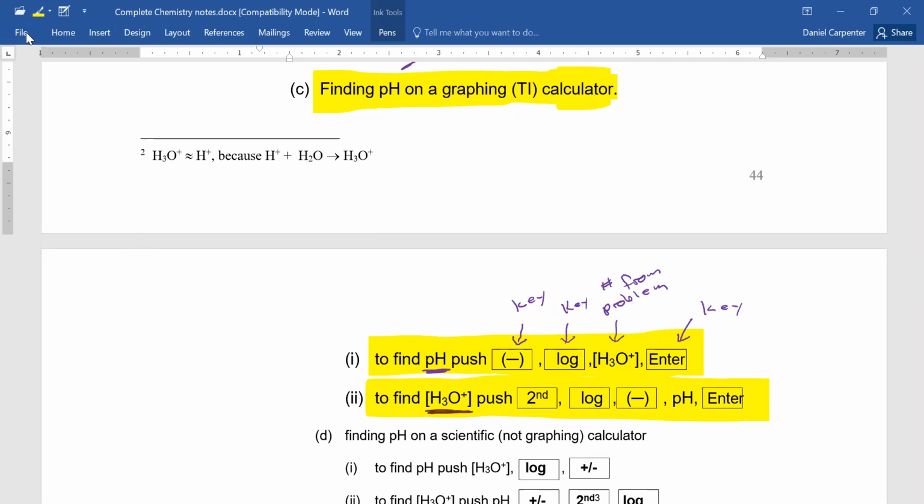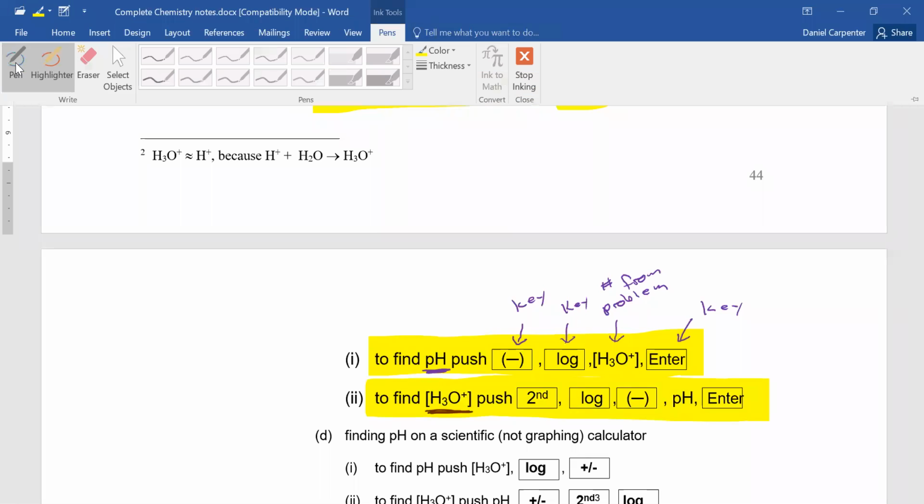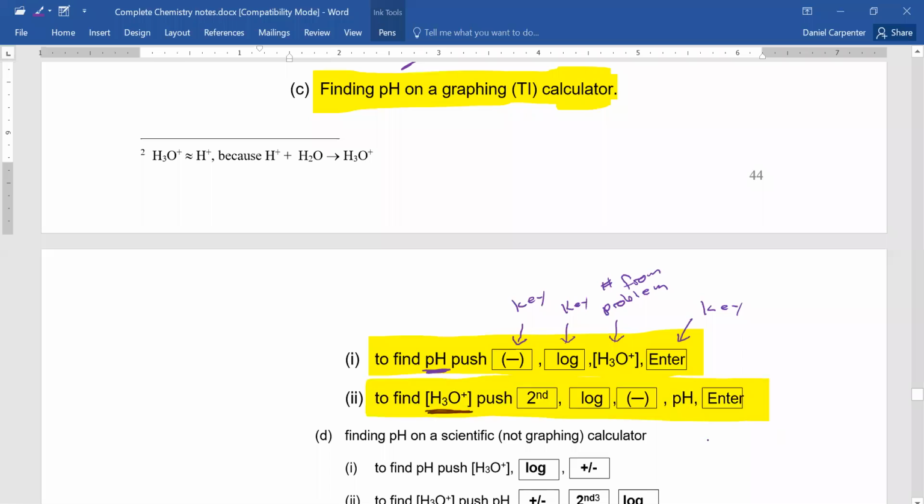Now again, the things in square boxes are buttons on the calculator. pH is the number from the problem. And I'm not going to label all the buttons as buttons or keys, if you can't figure that out.